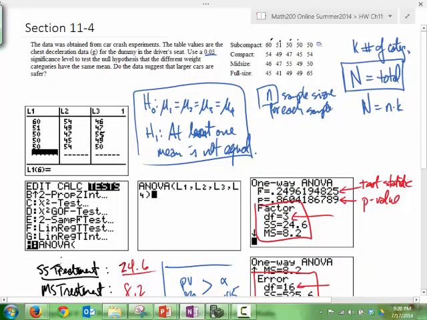So n is equal to 5 in this case. K is equal to 4. And if you count the number of data points we have, capital N would be 20 in this case. There's 20 total.